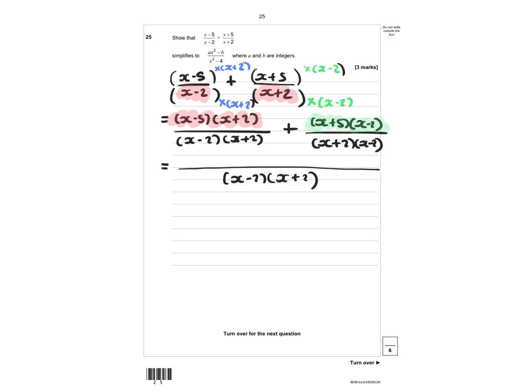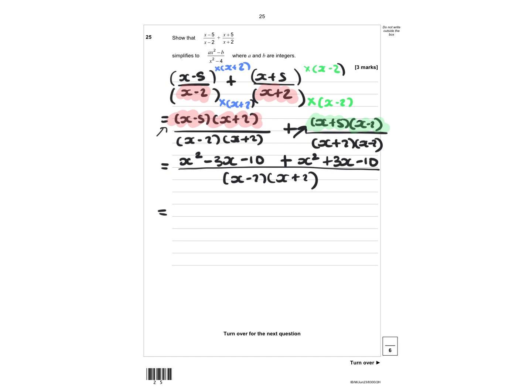So this first numerator here, if we expand the brackets, we've got x squared plus 2x minus 5x is minus 3x, minus 5 times 2 is minus 10, plus, and then this one here, x squared minus 2x plus 5x is plus 3x, plus 5 times minus 2 is minus 10.